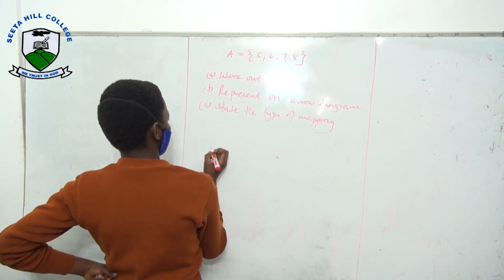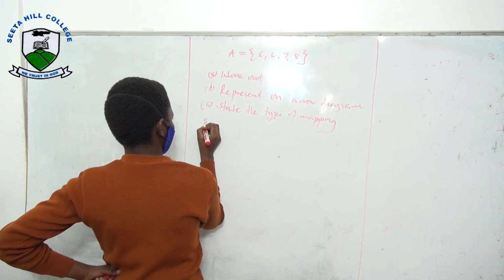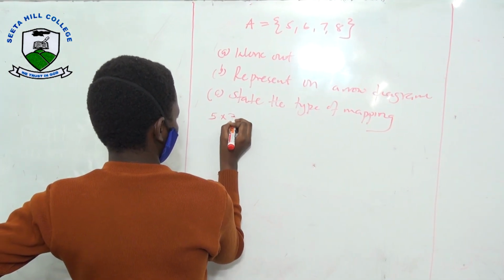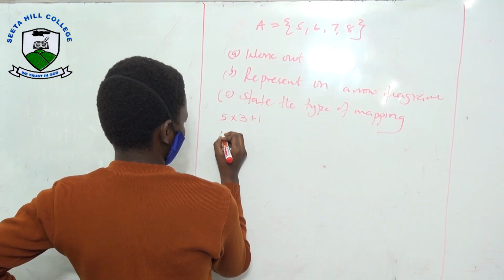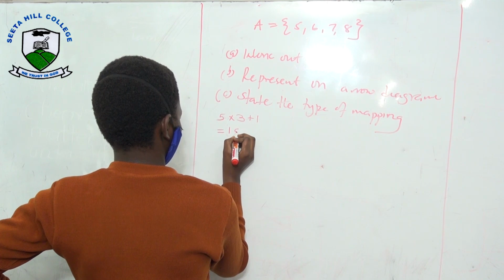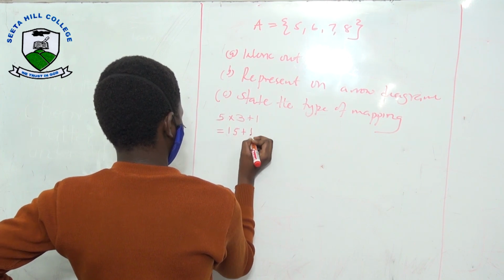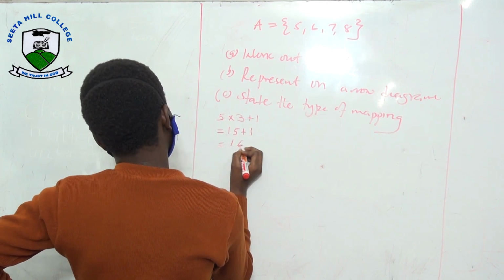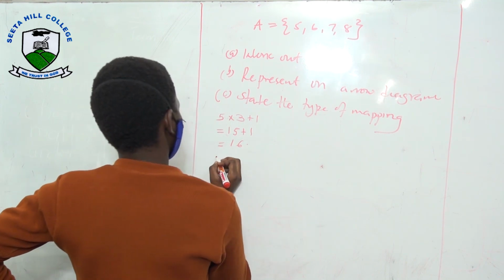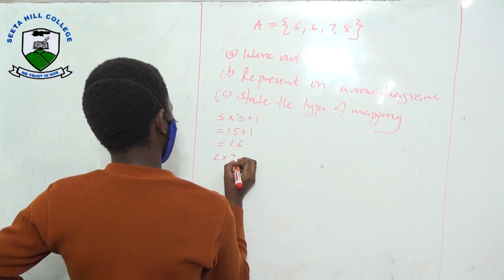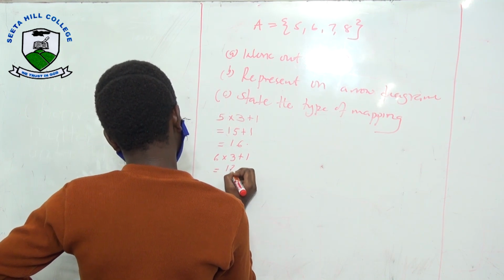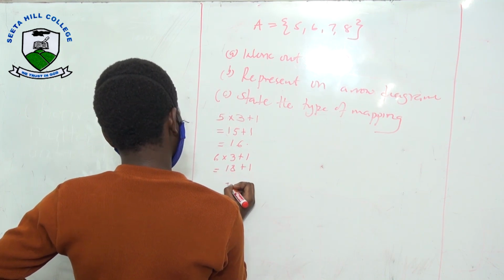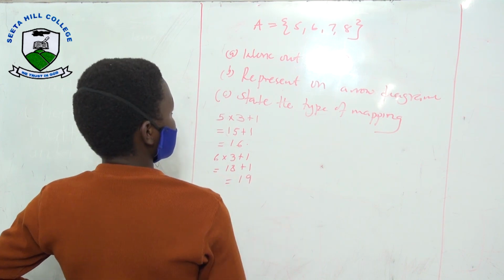We are going to get 5 times 3 plus 1, which equals 15 plus 1 equals 16. Then we shall get 6 times 3 plus 1, which equals 18 plus 1 equals 19.